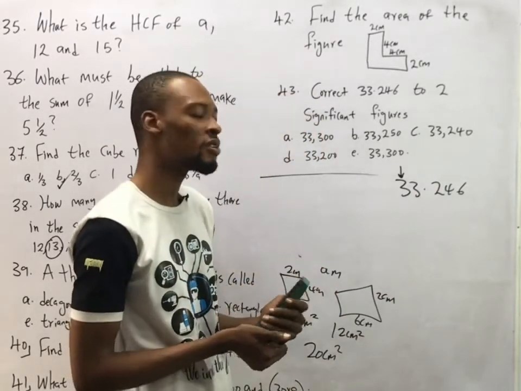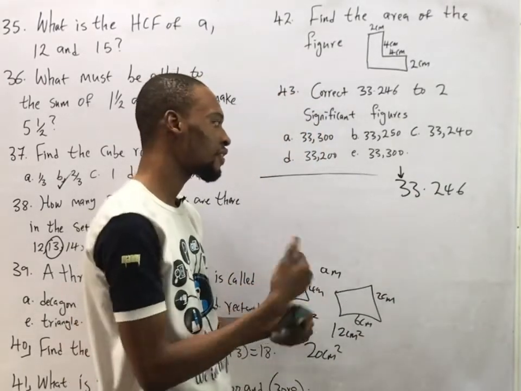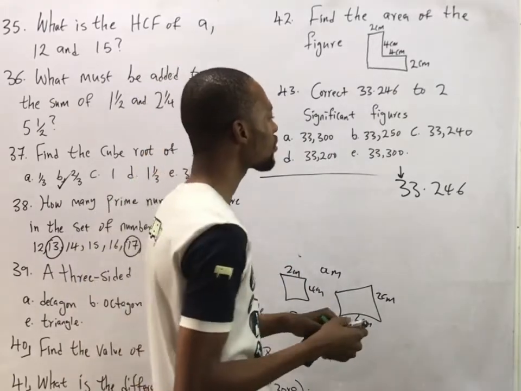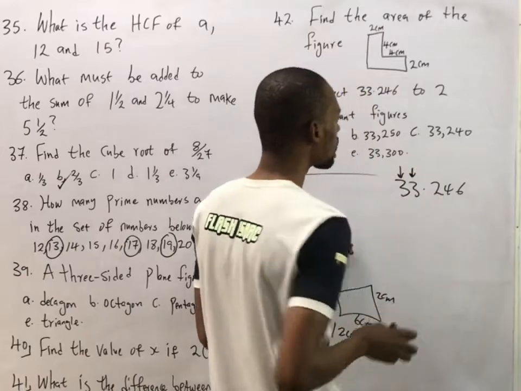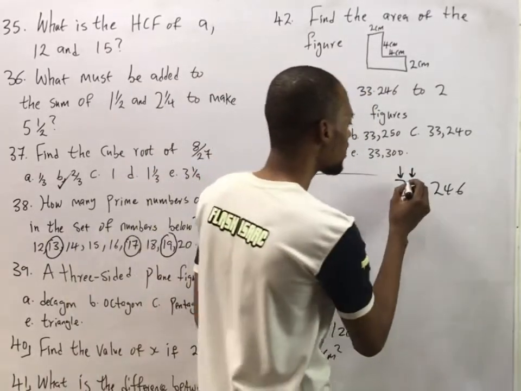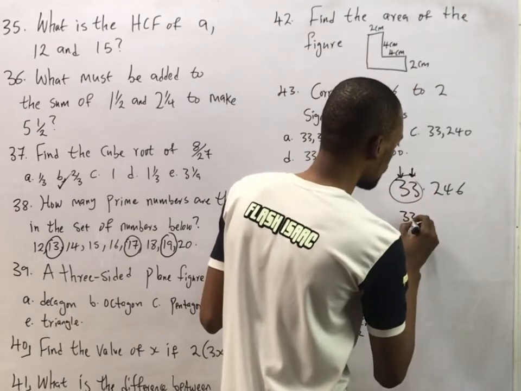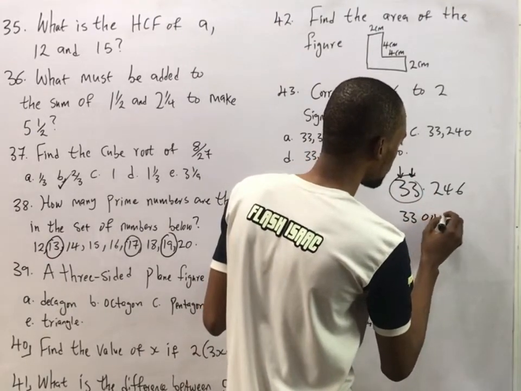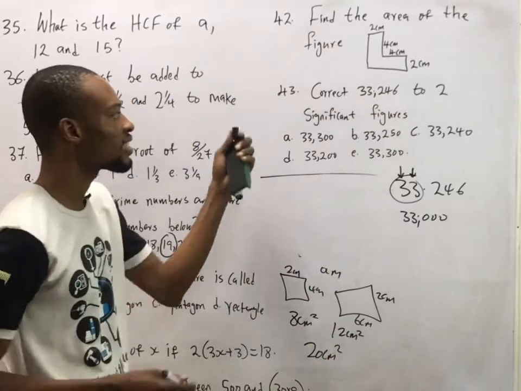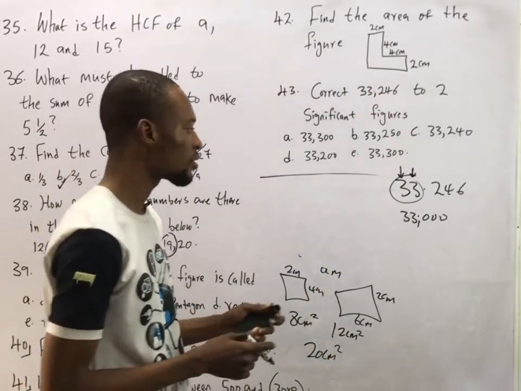The second significant figure is any number after the first significant figure, whether 0 or not. So this is obviously the second significant figure. Rounding these values to two significant figures is simply taking only these two and making every other thing 0. So that's to two significant figures.